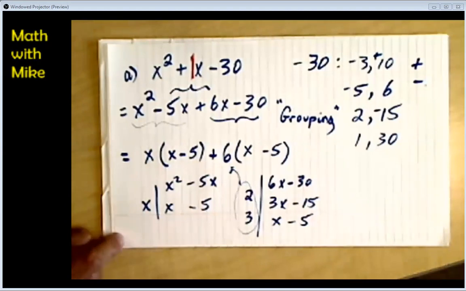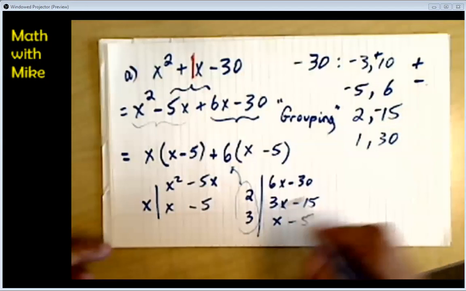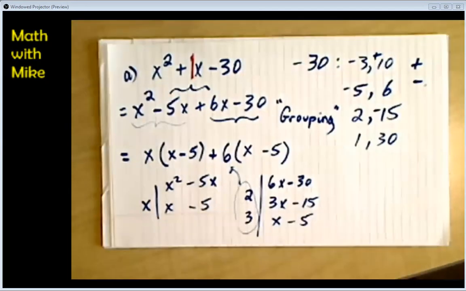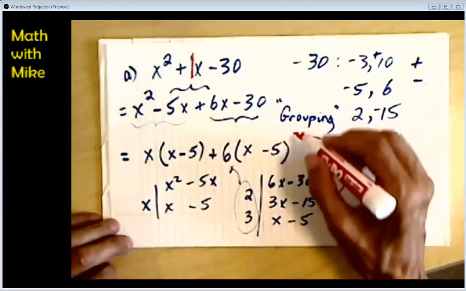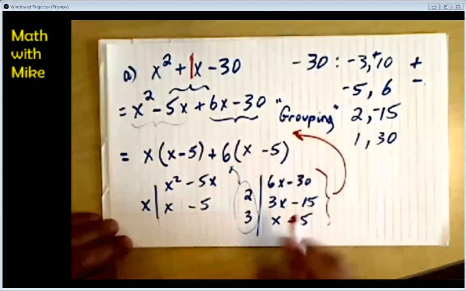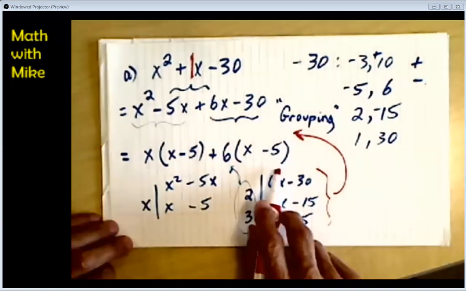And then the leftovers are on the inside. Okay, so as a reminder, this step, I probably should have done it first. That goes in there. You find the GCF, and then it creates this line here.